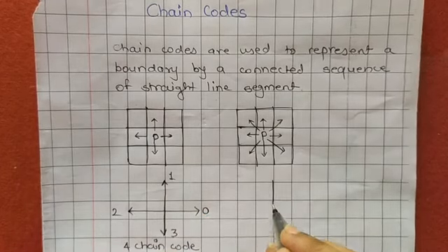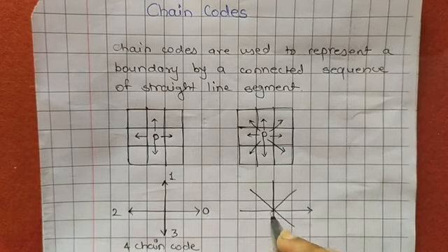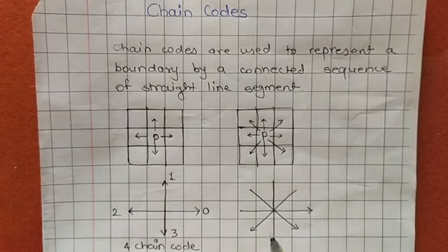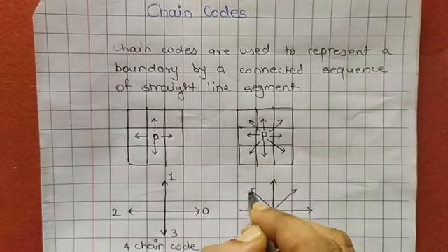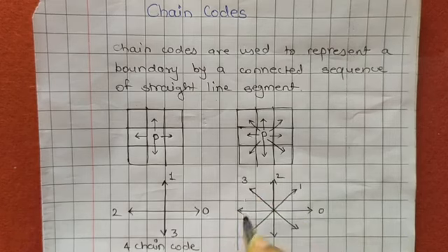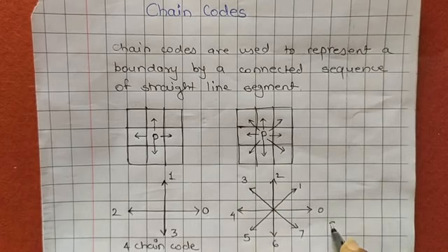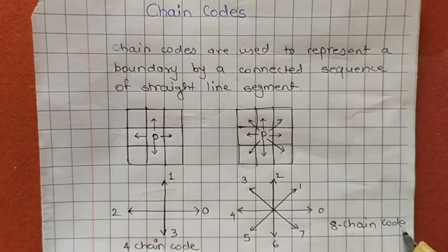And for 8 neighbors we have code like this: 0, 1, 2, 3, 4, 5, 6 and 7. This is called the 8 chain code.